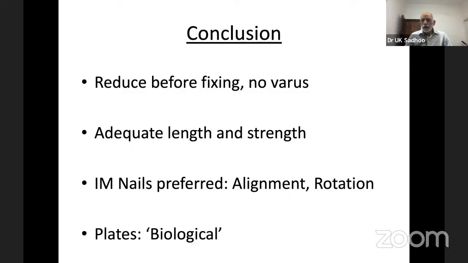And you know, the nails which have a locking screw mechanism, they go from lateral to medial or somewhat obliquely. One screw should be adequate, because that will give you relative stability, provided the reduction is not in varus and there is no comminution, or very little comminution.